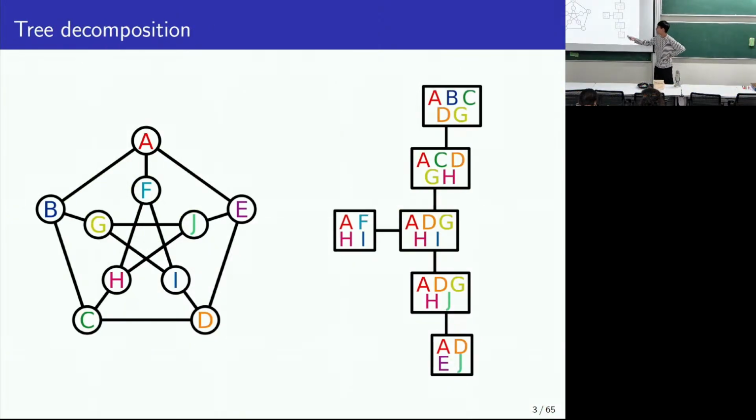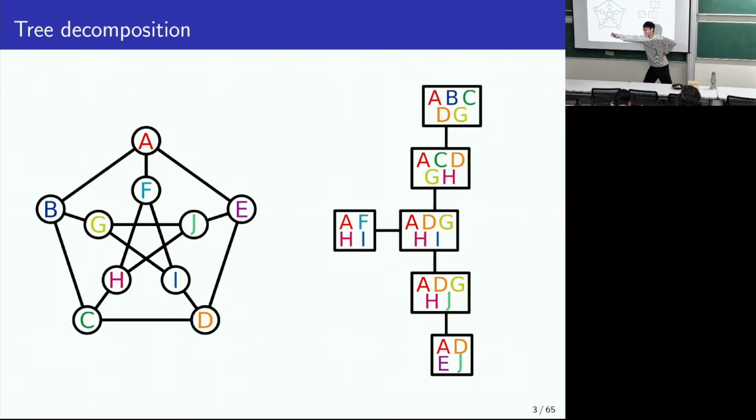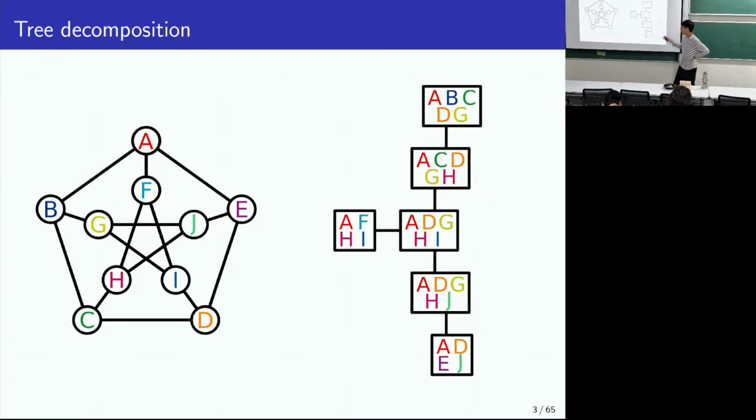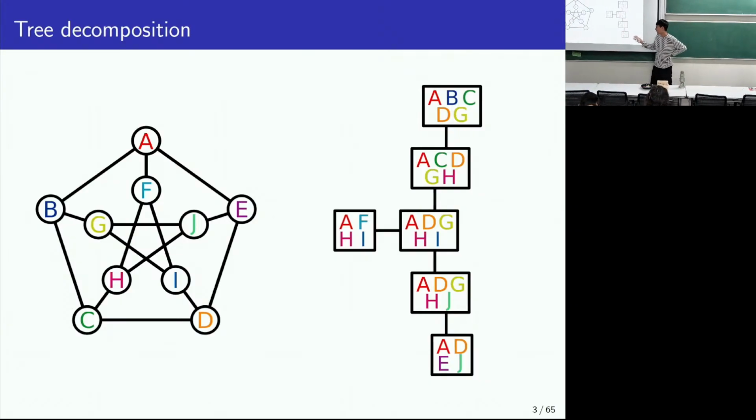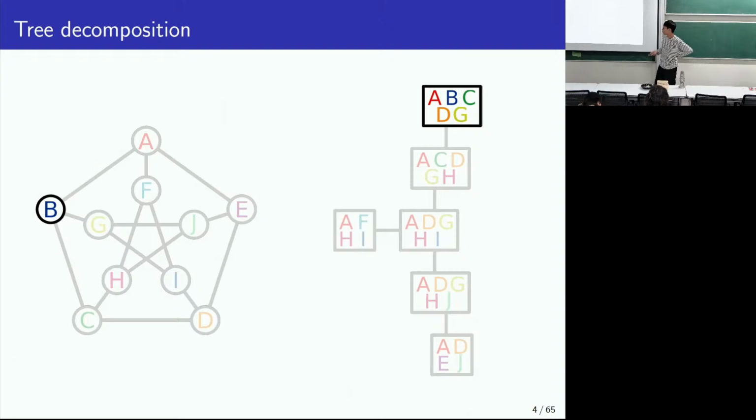Here is one example of a tree decomposition. I intentionally brought a graph that doesn't look like a tree, the Petersen graph. A tree decomposition of a graph is a tree where each node of the tree is assigned some set of vertices. But it's not just a random assignment. We have to follow three rules.